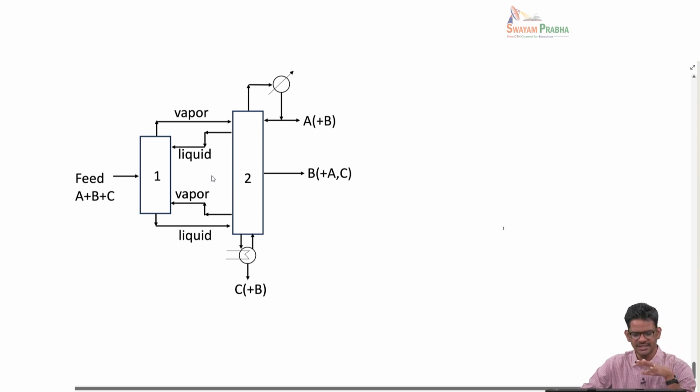So in such cases generally we do simulations, because multi-component distillation is something we cannot do with pen and paper or by hand. It has to be done through a computer program, because many times this involves a trial and error approach, and you propose a design, you consider the operations, and then you say what is the cost of that, and then you do this over many such designs, and then you choose which is more economical. Okay, so that's the design principle generally with regard to multi-component distillation.